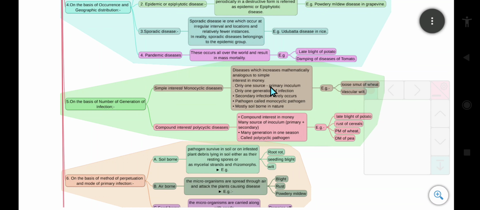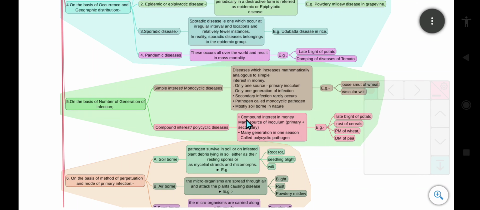There is only one source, the primary inoculum, only one generation of infection occurs, and secondary infection rarely occurs. The pathogens are called monocyclic pathogens, mostly soil borne in nature. These diseases are soil borne in nature. Its examples are loose smut of wheat and vascular wilt. The second one is compound interest or polycyclic diseases.